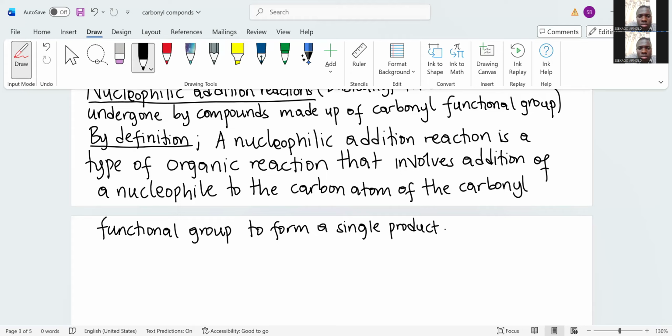So the keywords are the addition of a nucleophile to the carbon of the carbonyl functional group to form a single product.